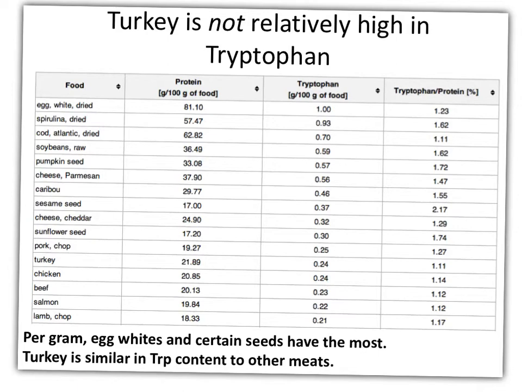They're pretty high. Pork chop is 1.27. Caribou's good, 1.55. Where is my turkey? There it is, turkey, 1.11. We just falsified the hypothesis.